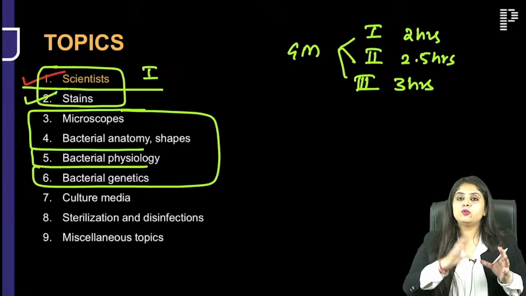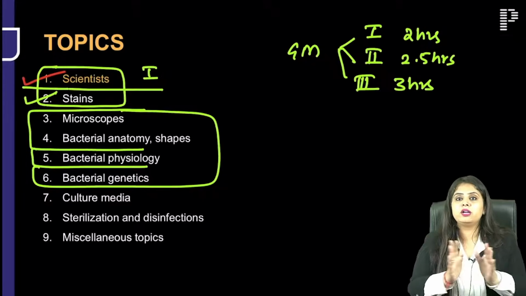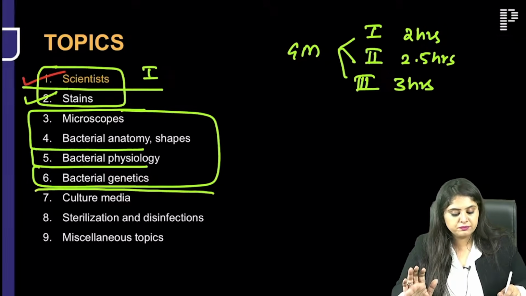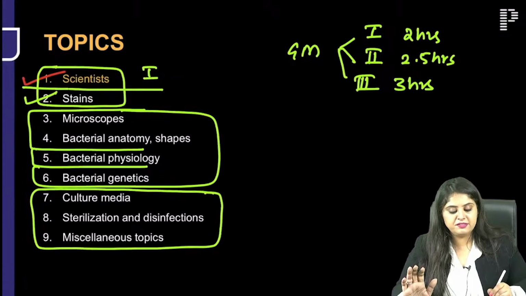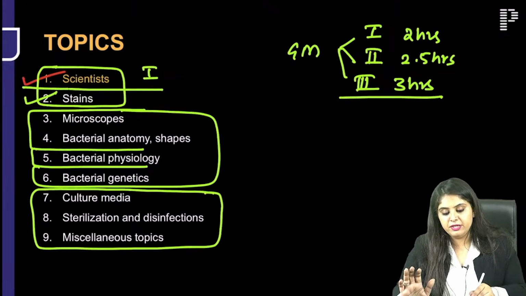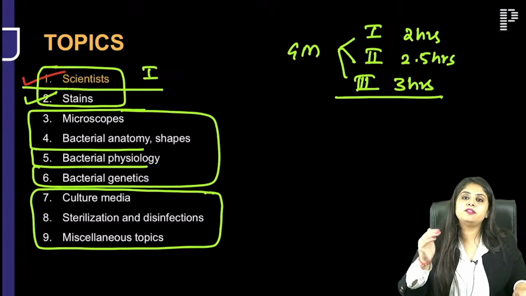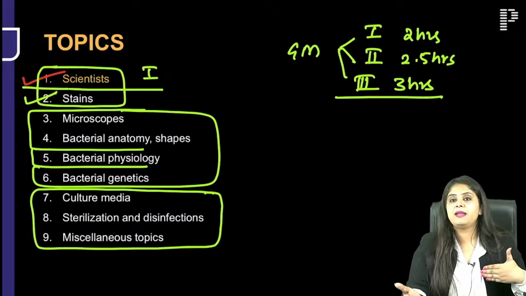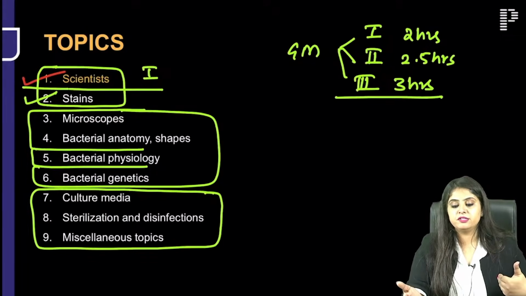Everything about the microscope and bacteria in one class, finished in 2.5 hours. After that we go on to the section on sterilization and culture media, which we will do together in 3 hours. That is how I've decided 2, 2.5 and 3. This is the full plan. In case you're planning for your university, you should know that this will be general micro.